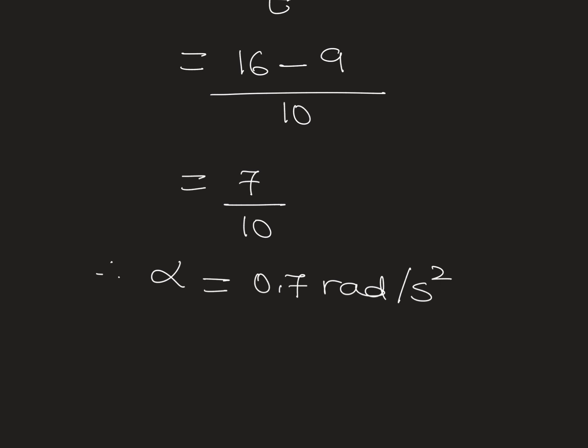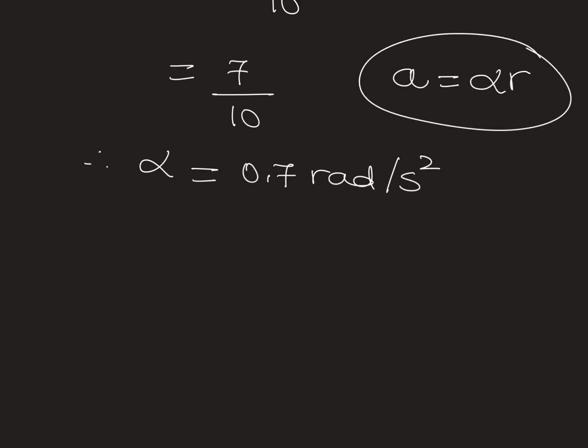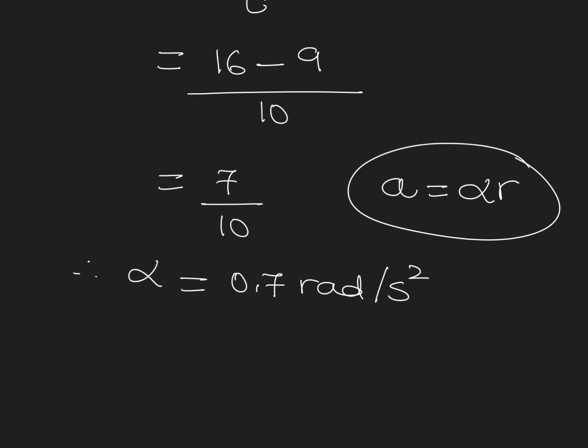In fact, the relationship between centripetal acceleration and angular acceleration is that the centripetal acceleration a is equal to alpha times the radius. So that is the angular acceleration.